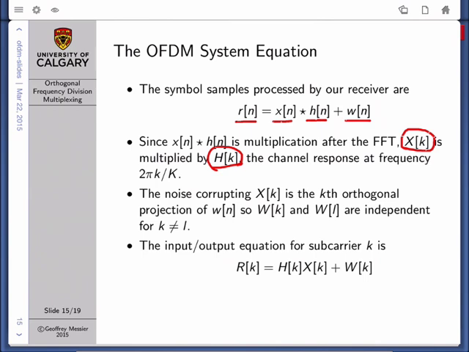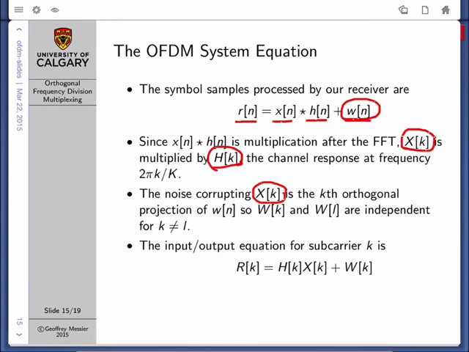The noise corrupting each QAM sample is Wn after going through the parallel matched filter bank that's implemented using the FFT operation. Now, it seems like the same noise would be corrupting all of our QAM symbols, but remember that the correlation equations are correlating on orthogonal sinusoids.